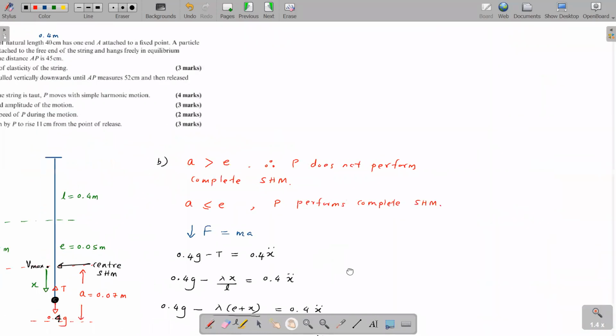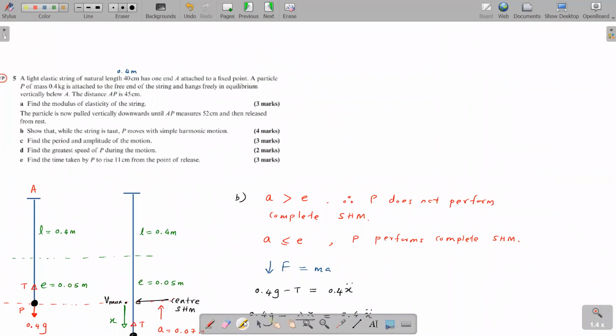So let's do that part. V squared equals omega squared times A squared minus X squared. So Vmax squared: omega squared is 196, amplitude is 0.07 squared, X is 0.